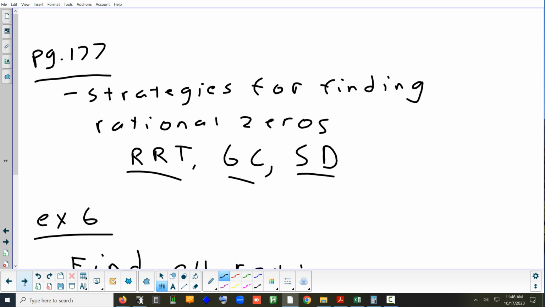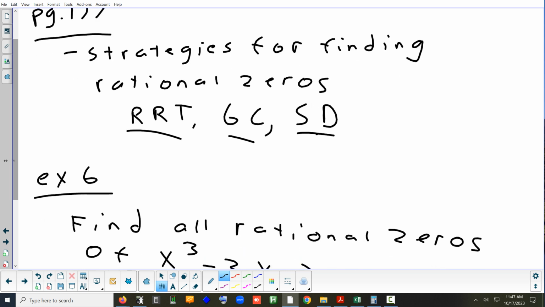Even if you only had 6 numbers in the list, that's still a lot of numbers to do synthetic division with until you find one that gives you 0. Because that's the goal. We want to find one that gives us a remainder of 0. So we'll make the list, and then we'll narrow the list down. That's where I wrote the possible candidates. So we'll narrow it down, and then once we think we have one that works, we'll use synthetic division, just like we did in the last problem.